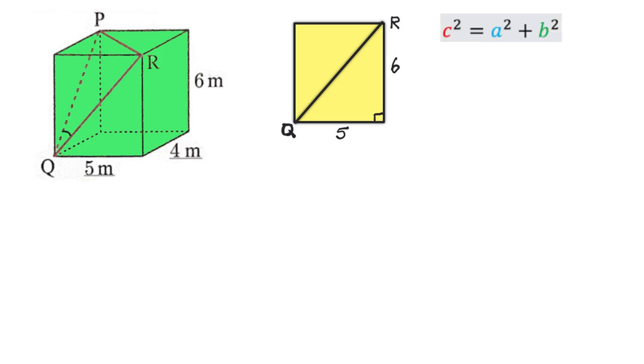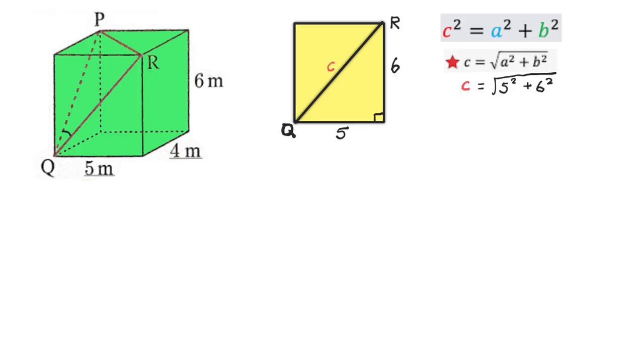Now, our Pythagoras theorem says that the diagonal, which we'll call c, can be calculated using this formula, which can be rewritten as the root of a squared plus b squared, where a is 5 and b is 6.